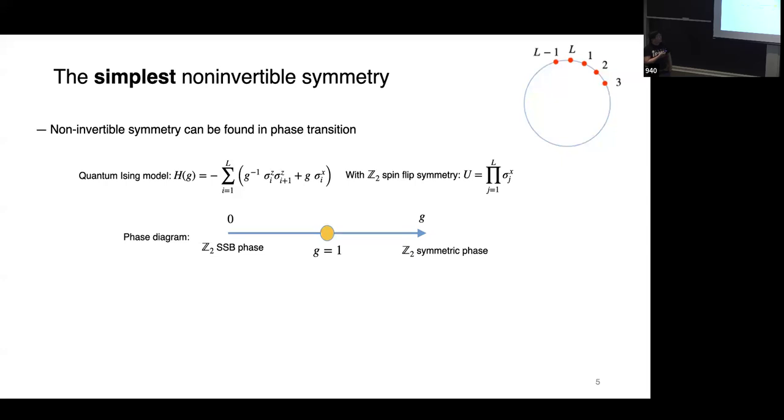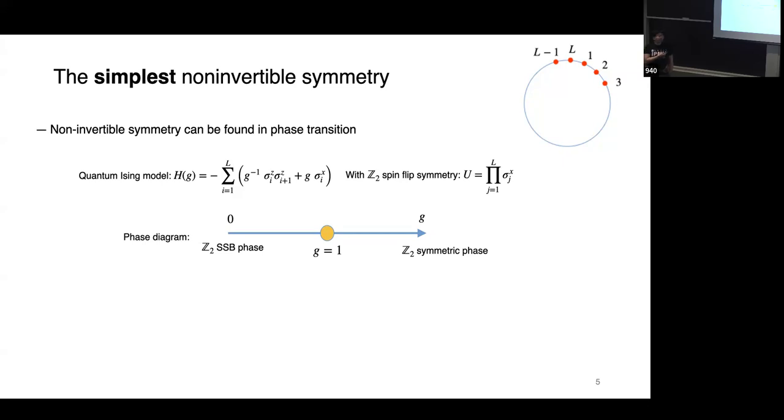Here is a quantum Ising model with a parameter g. The first term is a product of sigma z's on adjacent sites, which tries to align the spins in the z direction. The second term is sigma x, which tries to align the spins in the x direction. This Hamiltonian has a Z2 spin flip symmetry, the product of sigma x on every site, and it commutes with the Hamiltonian.